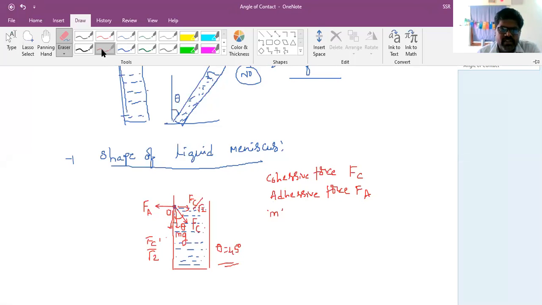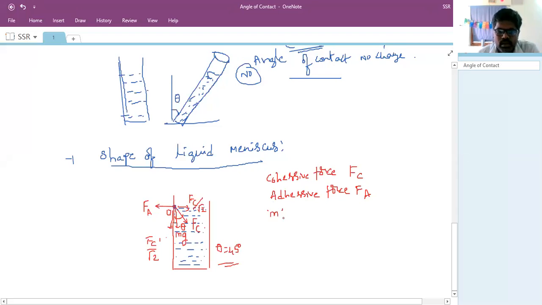Now you can define the resultant force, horizontally and vertically. Horizontally, Fa acts outward, but Fc by root 2 acts inward with respect to the molecule. And mg and Fc by root 2 act downward.